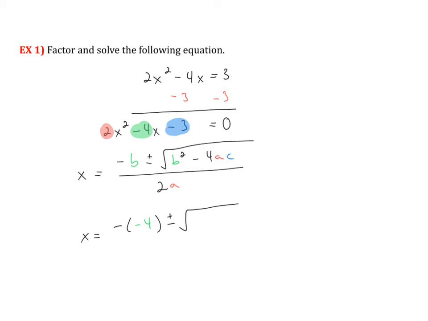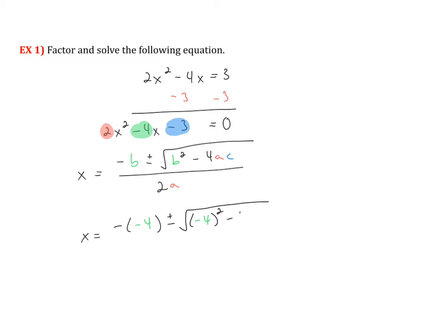Plus or minus the square root of b squared, which is that negative 4 squared. And I do have to make sure I write this in parentheses because this is not 4 squared. This is not 4 squared, and then you multiply by a negative. We're taking negative 4 and we are multiplying it with another negative 4.